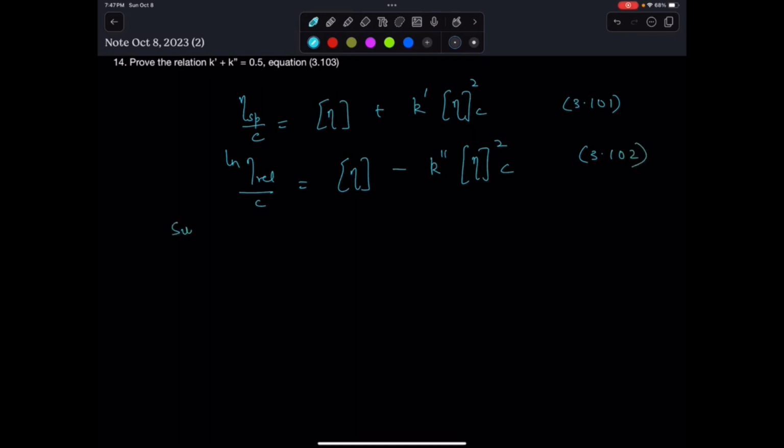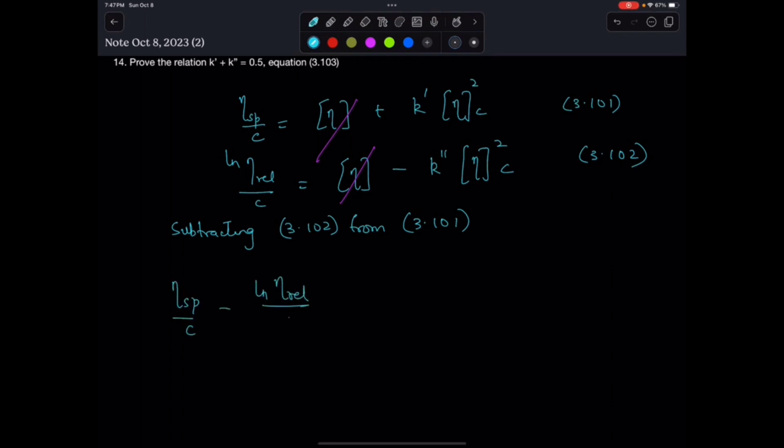So if we subtract equation 3.102 from 3.101, we can cancel eta and we get eta specific by C minus ln eta relative by C equals K prime plus K double prime times eta squared C.